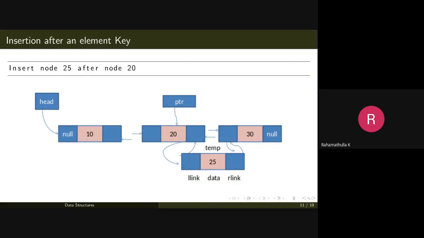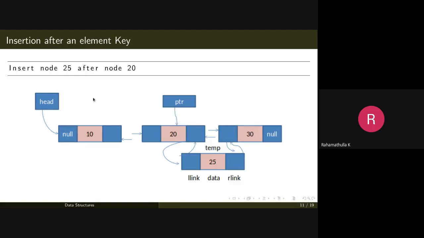Here we are trying to insert a node in between two nodes, or after some particular node. Let's say you would like to insert a node with data 25 after node 20. So you will have to traverse through the list and find the correct location for inserting your node.